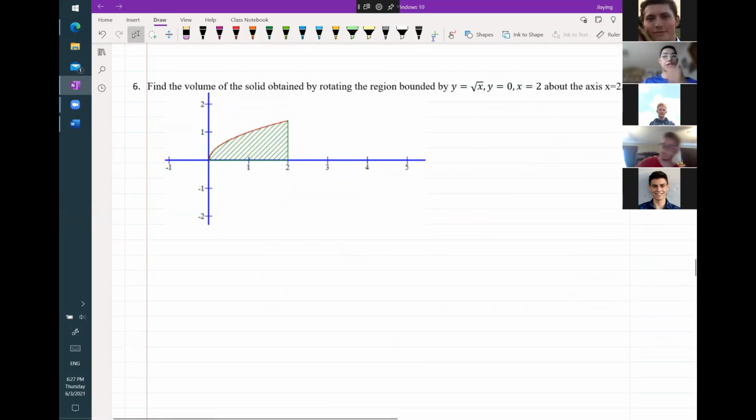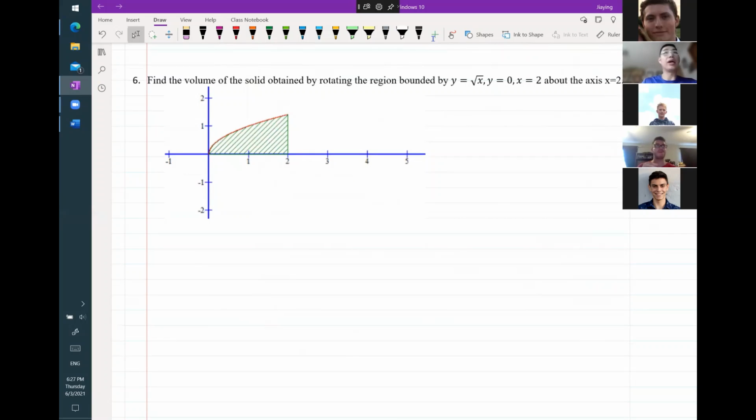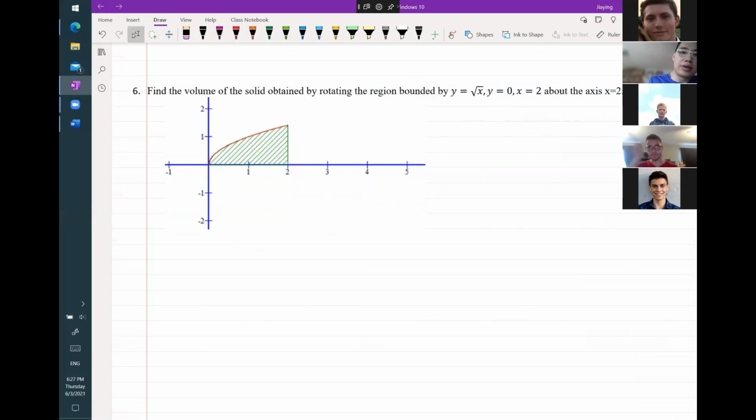All right, the next question. So here we're finding the volume of the solid obtained by rotating again the same region. This is again y equals square root of x, y equals 0, x equals 2. But this time we're going to rotate this region about the axis x equals 2.